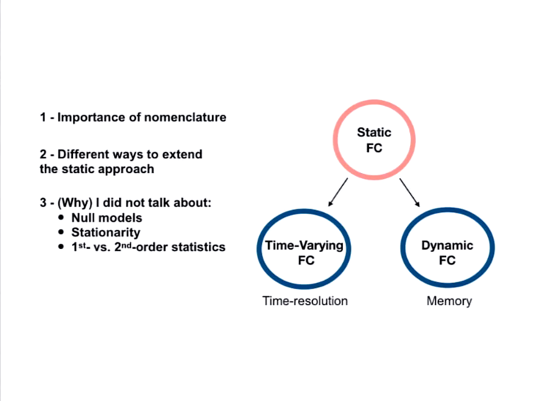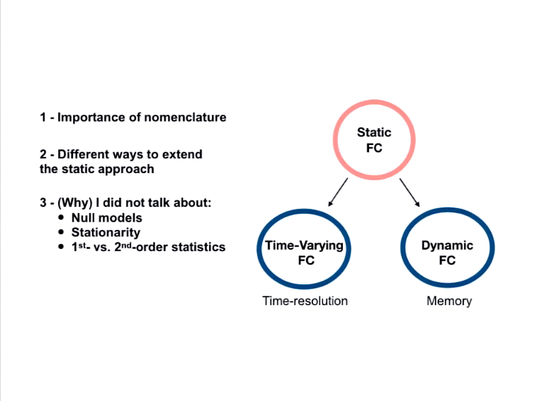And then I also did not go too much into the details of first-order versus second-order statistics. Second-order statistics are essentially the correlation and the covariance, whereas first-order statistics are the mean and the real time series. The reason is that this dichotomy that I presented between time-varying and dynamic applies whatever the statistics you use.